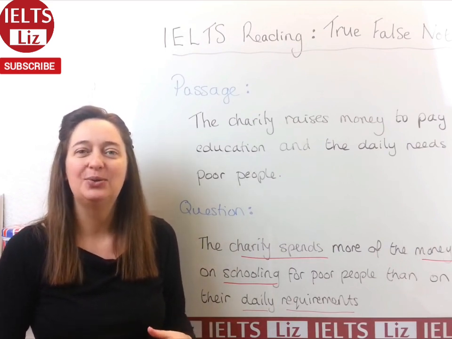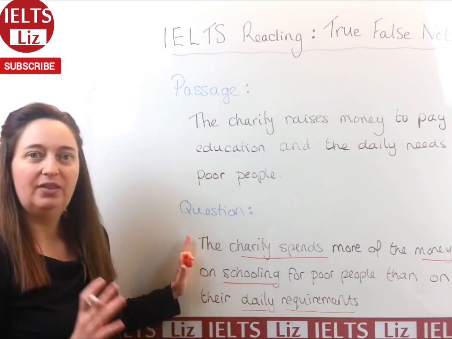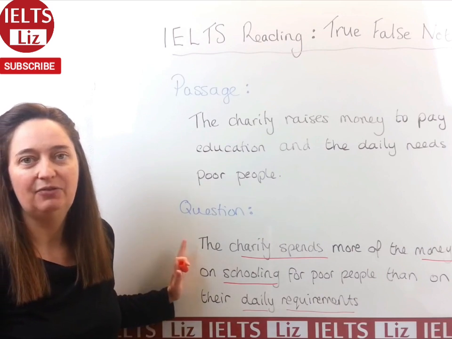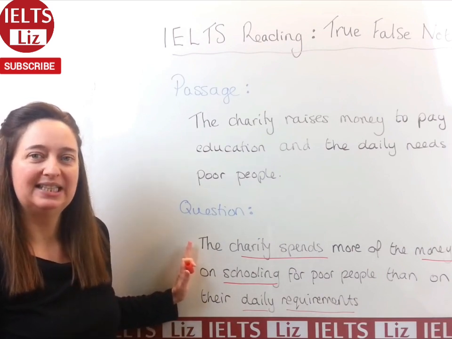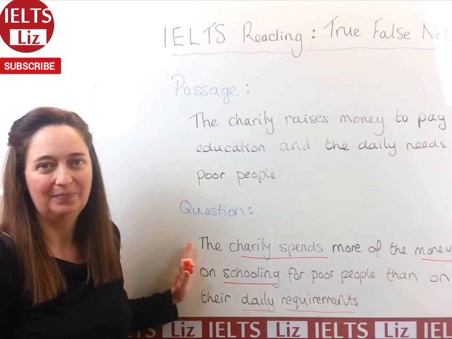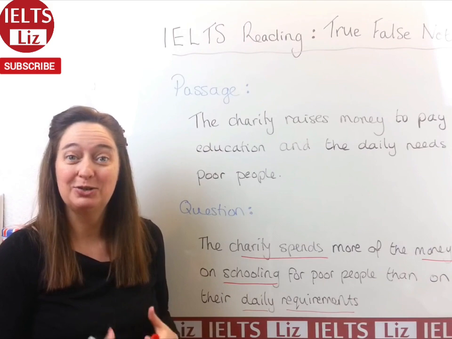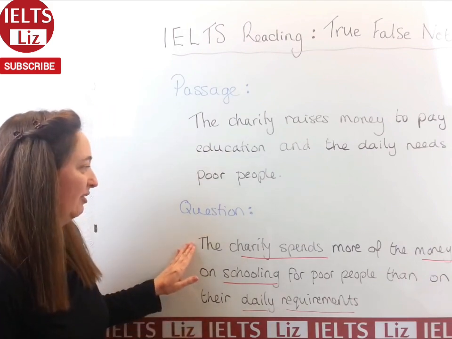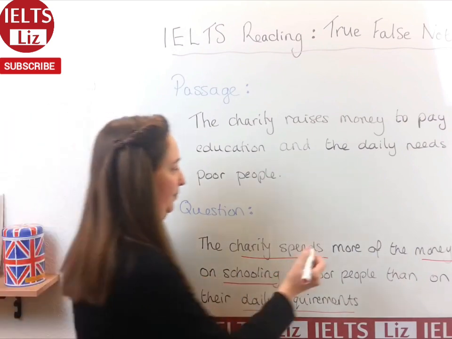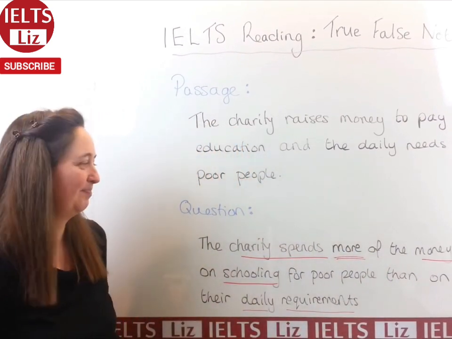Well, we need to look more deeply at the statement. Now remember, if the answer is true, it means that the information matches. And if the answer is false, it means this is the opposite information. Now, we should prepare the opposite information to make sure that we can decide if it's true or false. So they say the charity spends more. Aha, suddenly we find a word here.